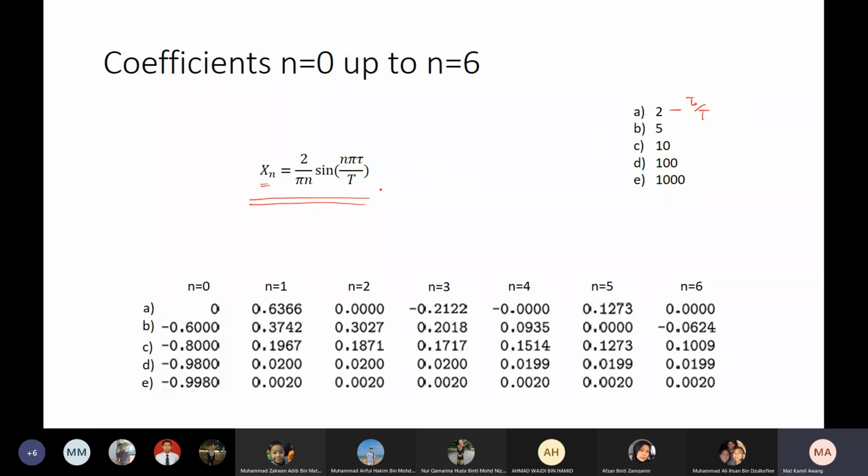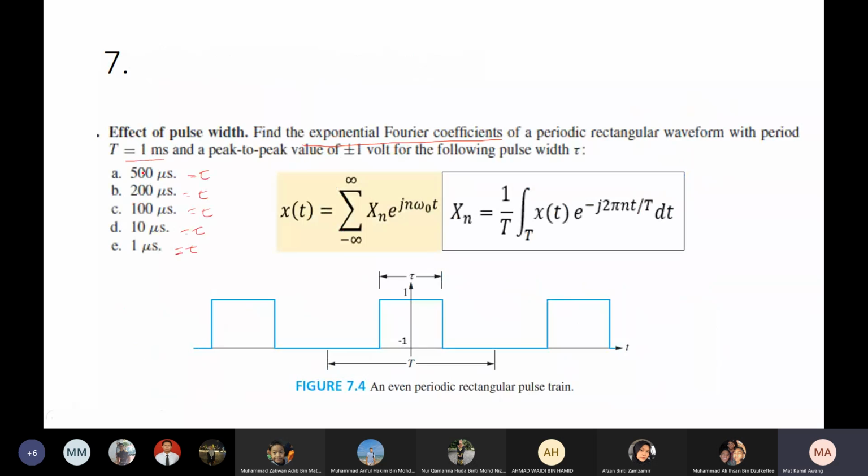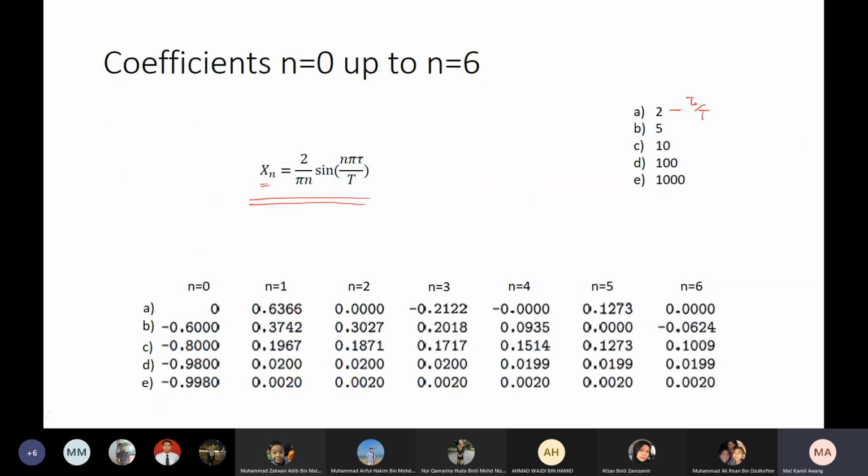So for n equal to 0, x of n is this for the first function. This is a, b, c, d, e for these functions. And this is the coefficient from n equal to 0 up to n equal to 6. So you can check this.